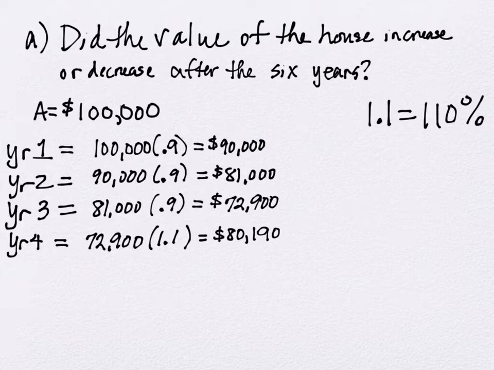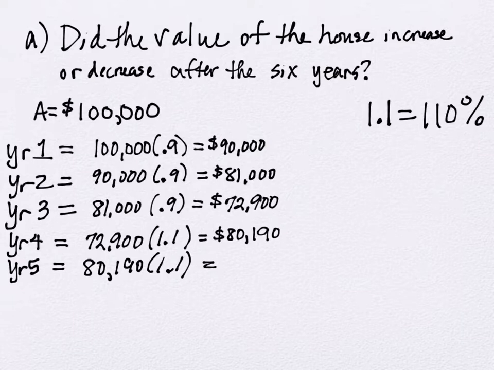80,190. Great. So year 5 looks just like year 4, except that it's starting at 80,190, and it's going up by my 10%. And what do you have? 88,209. We're almost done with all of our years of change.